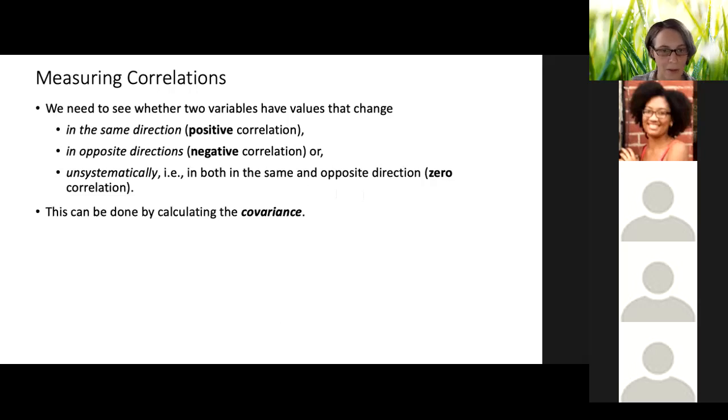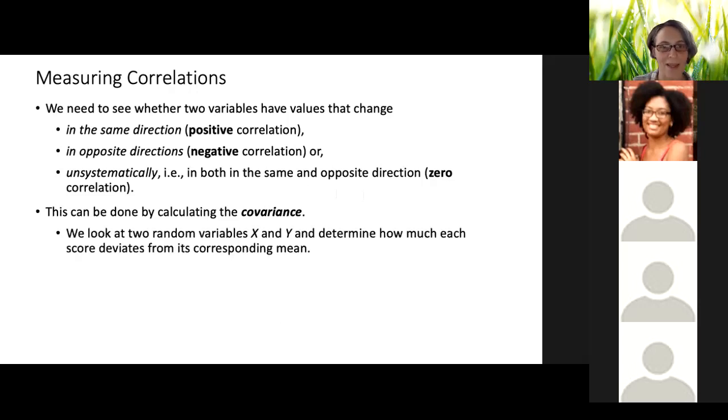And so correlation is based on covariance, yeah? So basically how the corresponding deviations of the variable pairs relate to each other. Whenever we calculate the covariance, we look at two random variables, let's call them X and Y, and we determine how much each score for these two random variables deviates from its corresponding mean.